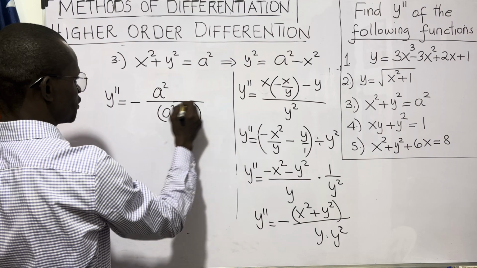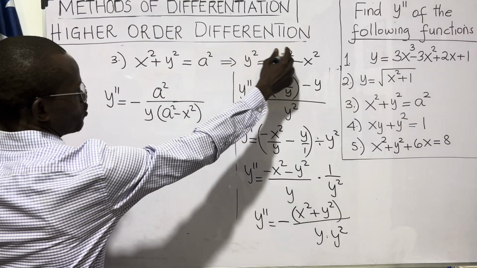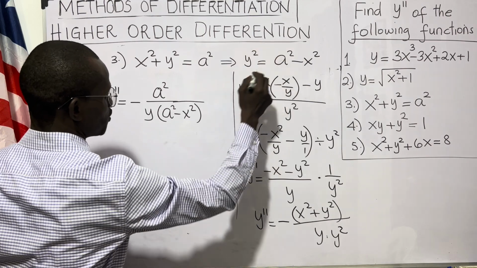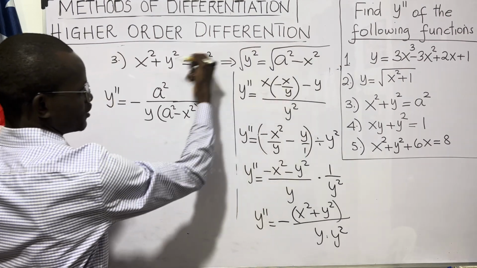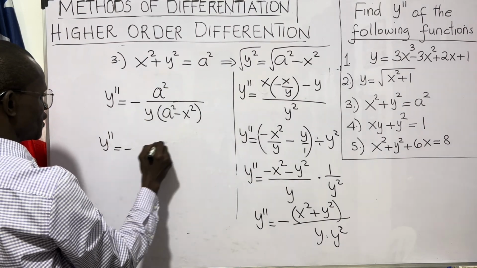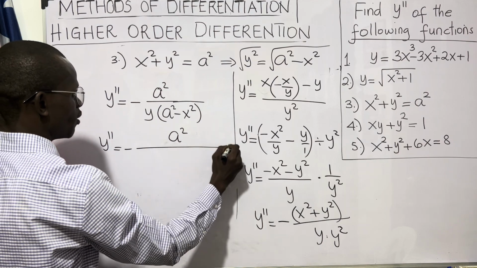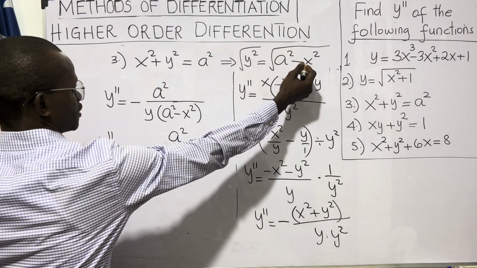So now the last one that we need to replace is this y. If we take the square root on both sides, this cancels. So y prime prime is equal to negative a squared all over, this is just y, right?